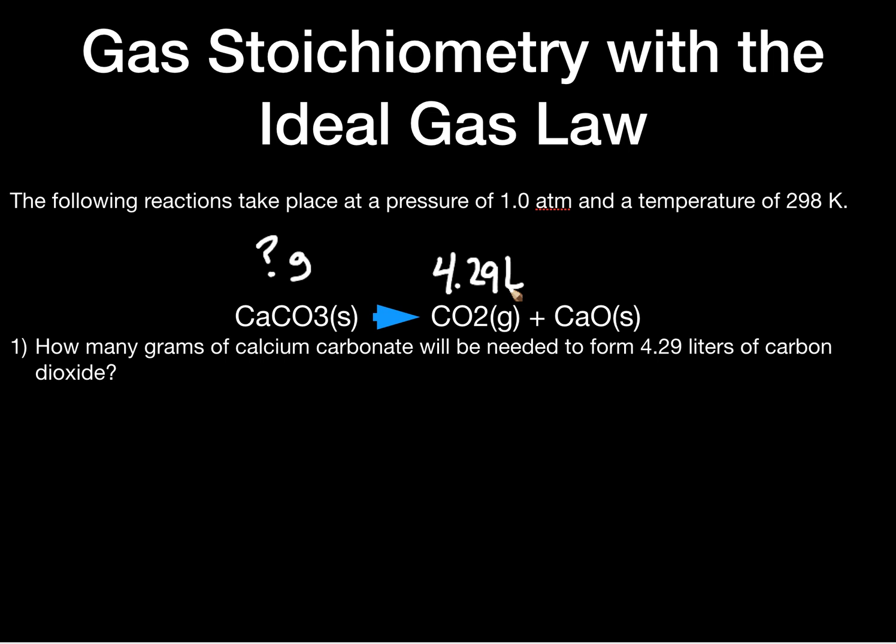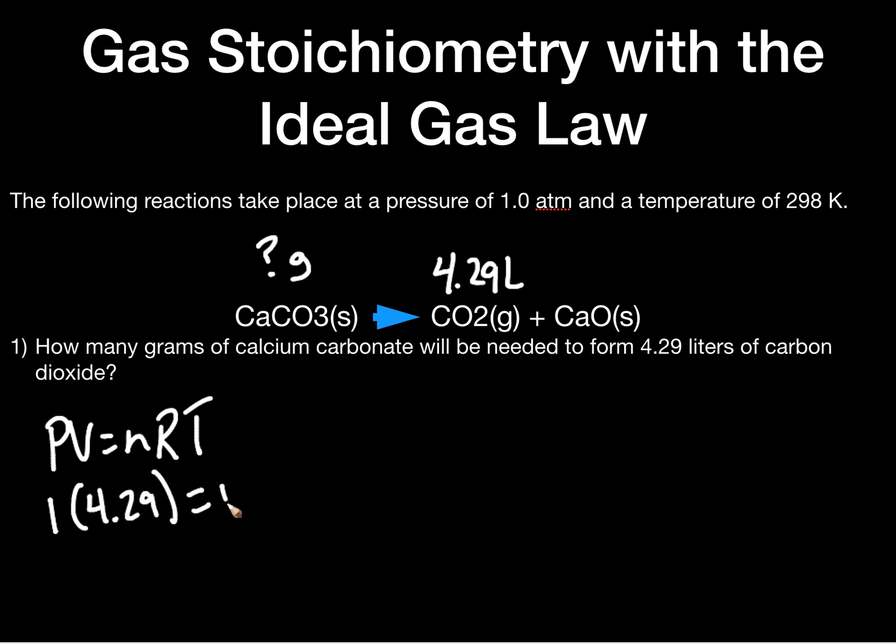So the first thing we need to do here is use our ideal gas law, PV equals nRT, for the value given for CO2. So this 4.29 liters is what we're going to use in our ideal gas law. So PV equals nRT. It tells us our pressure is 1 atm, our volume is 4.29. Number of moles, that's what we're trying to find because we want to go from moles of CO2 to grams of CaCO3.